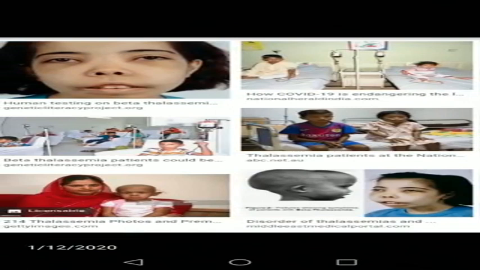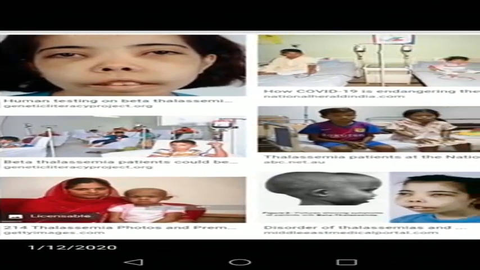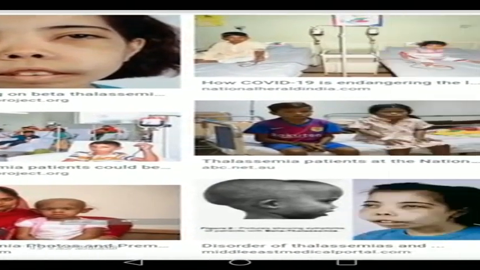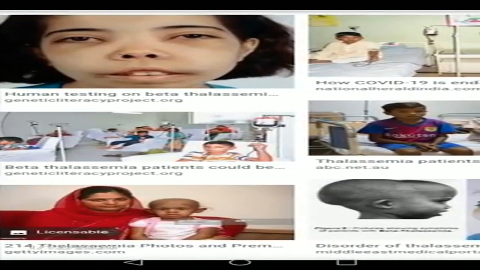The patient you are seeing here is affected by phenylketonuria, and this one is thalassemia. These are people, the lady and children, affected by thalassemia.